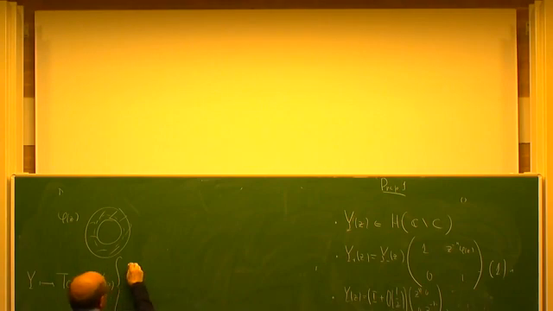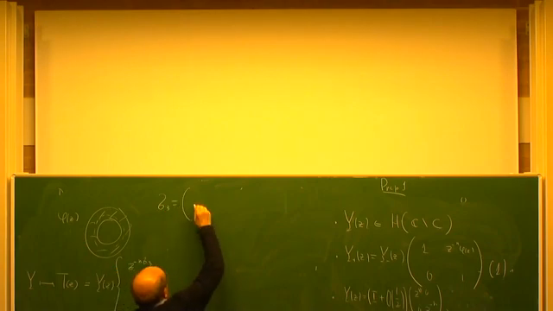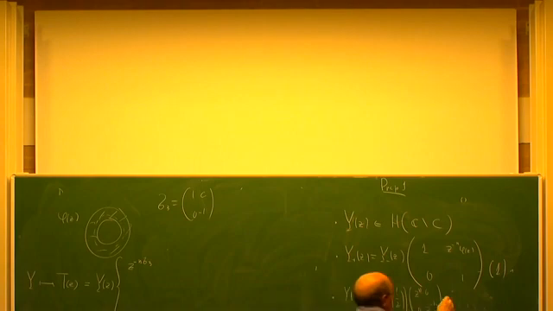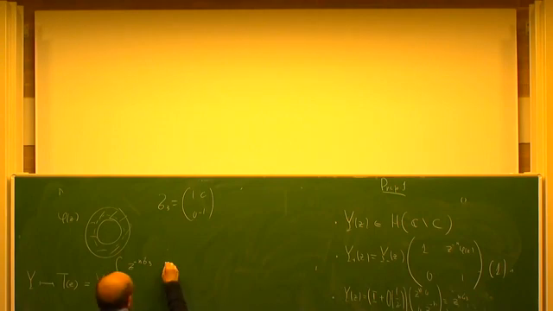So I define T as Y times z to the minus n sigma 3, where sigma 3 is 1, 0, 0, negative 1, when |z| is greater than 1, and just the identity matrix if |z| is less than 1.